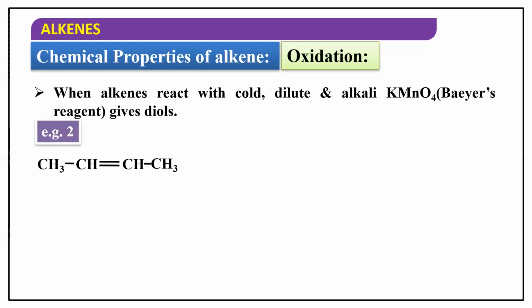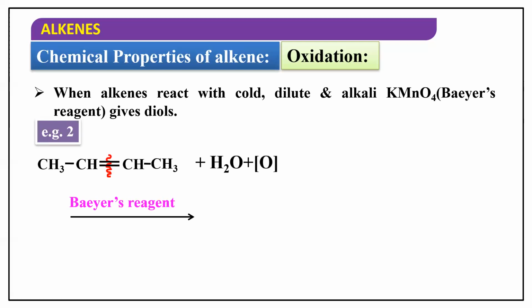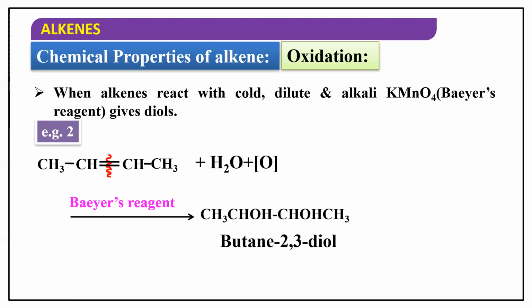So let's take an example to understand this. This is 2-butene. When 2-butene is made to react with water and nascent oxygen, which is given by KMnO4, which is given by Baeyer's reagent, what do we get? Just like the previous case, we will have a bond being broken and two OH groups getting added across the break.